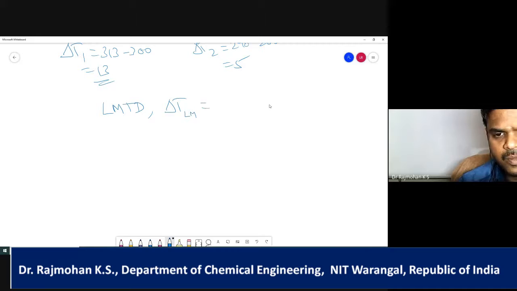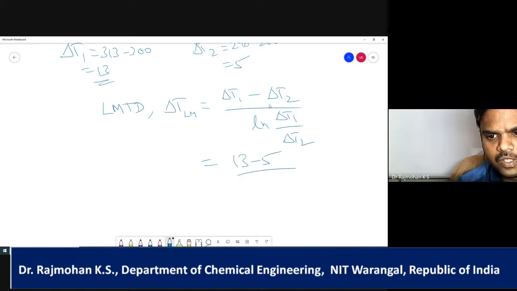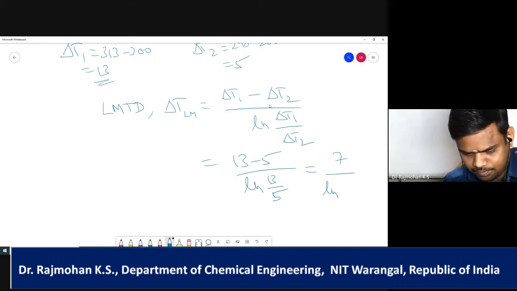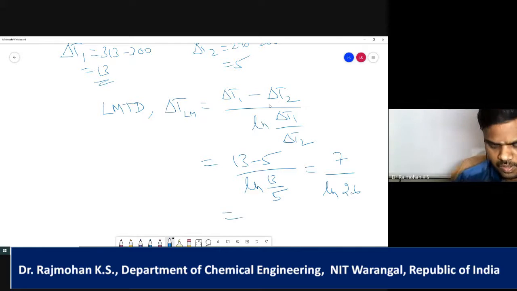Delta T logarithmic mean is equal to delta T1 minus delta T2 by ln of delta T1 by delta T2, equal to 13 minus 5 by ln of 13 by 5, which is 7 by ln 2.6. 7 divided by ln 2.6 is equal to 7.32.